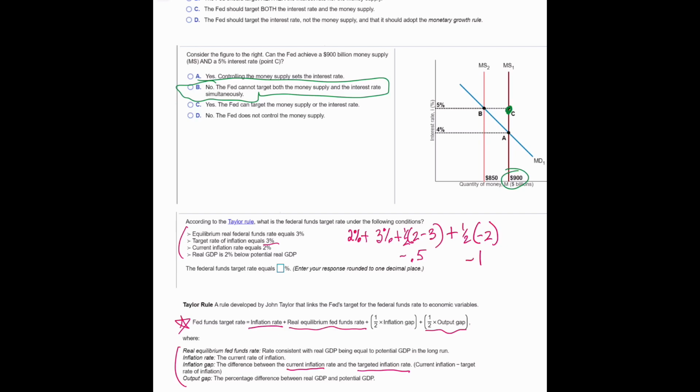So when we put this together, we've got 2 plus 3 minus 1.5. So 5 minus 1.5 is going to be 3.5%. And in your homework, you're going to see this in different versions. Just make sure you know this part down here, how to come to that. It's a little bit tricky, but it can be done. Just remember that negative values and things like that have to be carried forward.